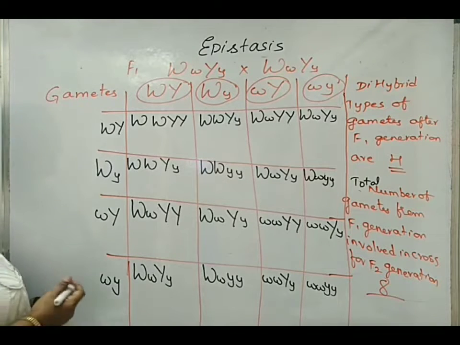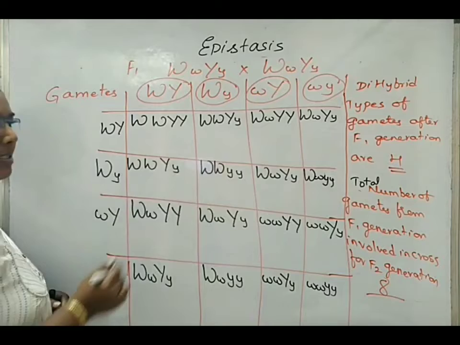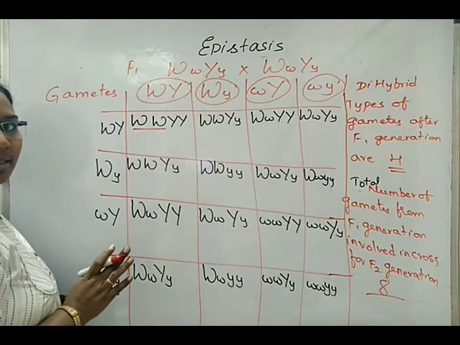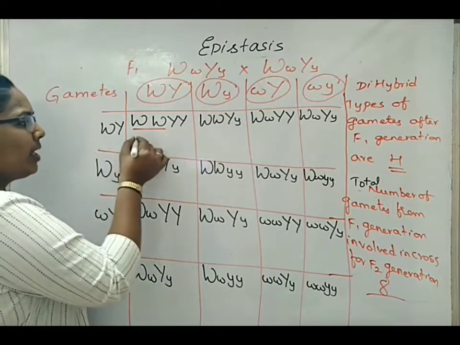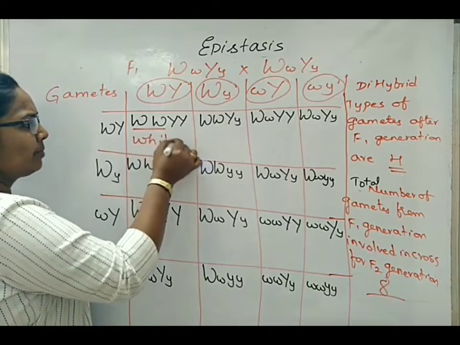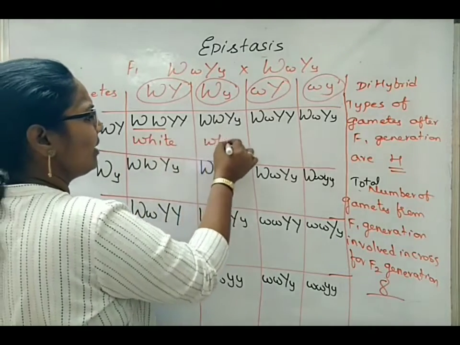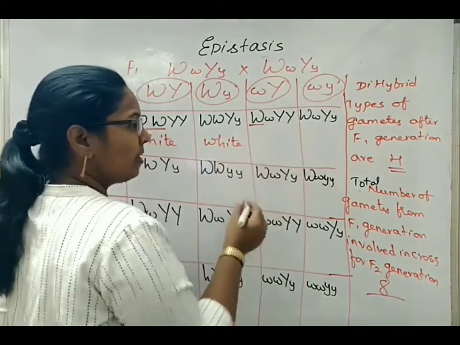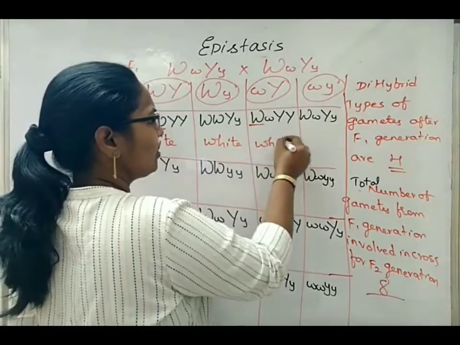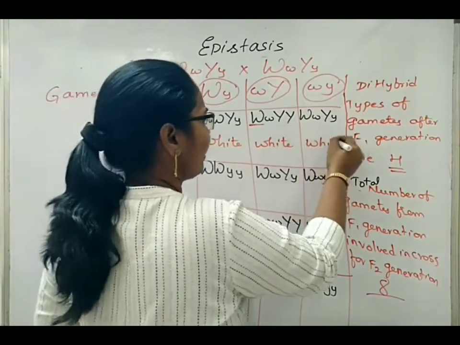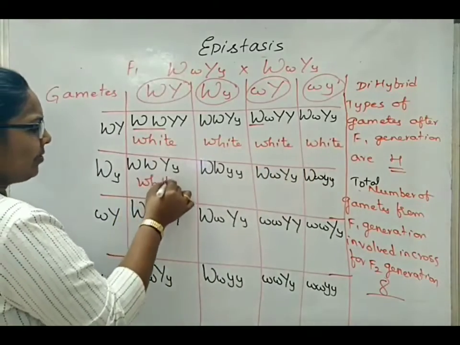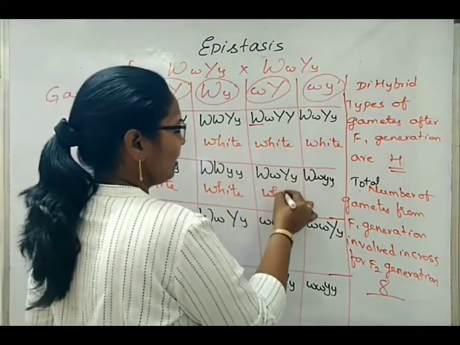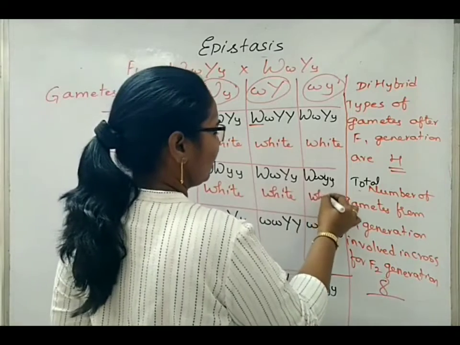Now, what type of flowers are we seeing according to these combinations? Here, since there are purely the dominant one, and these are epistatic in nature, we are seeing white flower. Here also we see white flower. Here also one dominant allele is there, which can suppress another dominant form, so this also is white flower. White color flower, white color flower, white color flower.